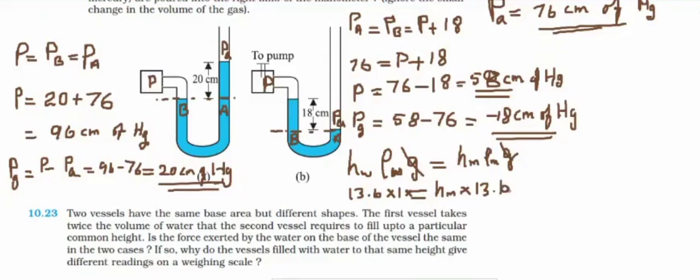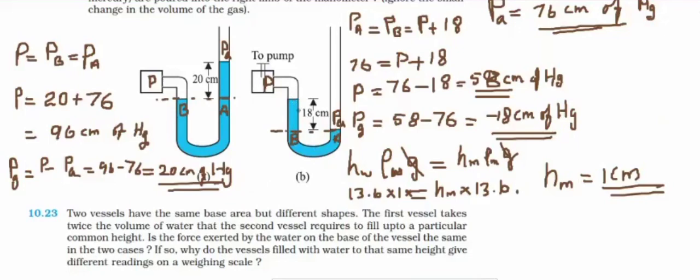So you get the answer H_M equal to 1 centimeter. That means 13.6 centimeter of water is equal to 1 centimeter of mercury in terms of pressure applied. So if you add 13.6 centimeter of water, it will cause 1 centimeter change in mercury.